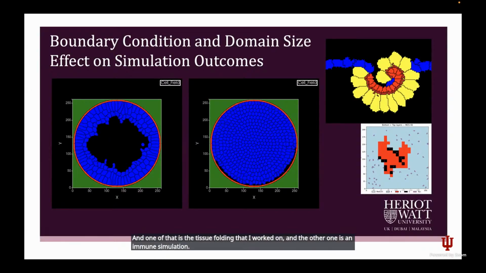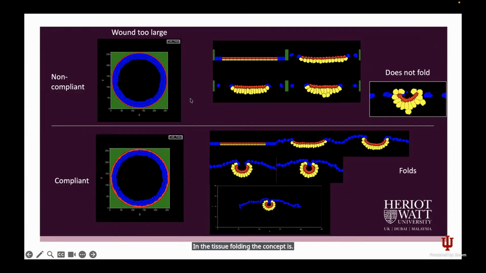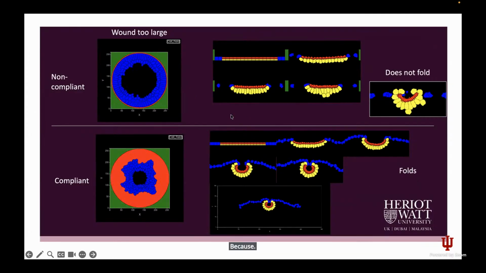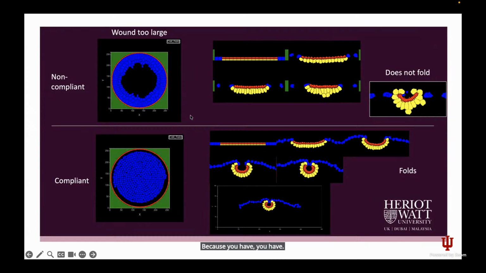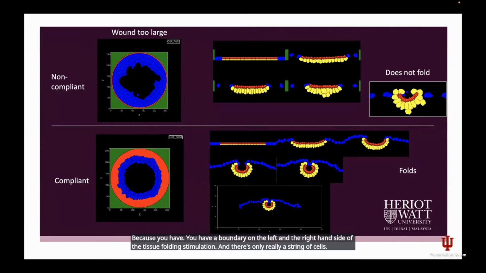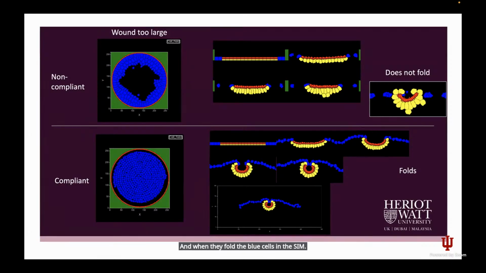In the tissue folding, the concept is quite straightforward and the same as in the wound healing, because you have a boundary on the left and the right-hand side of the tissue folding simulation, and there's only really a string of cells. When they fold, the blue cells in the simulation have to move in with the fold.